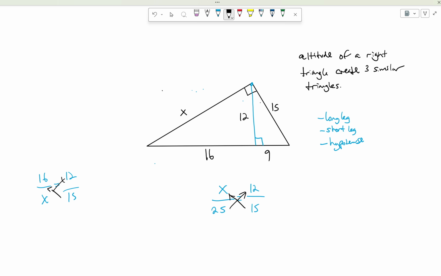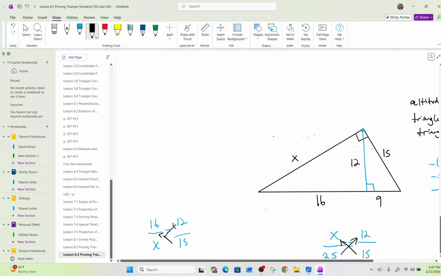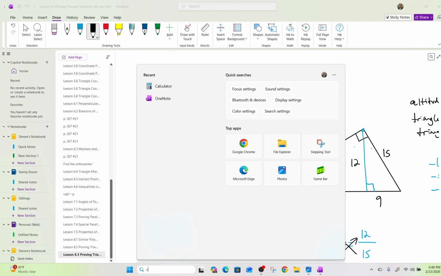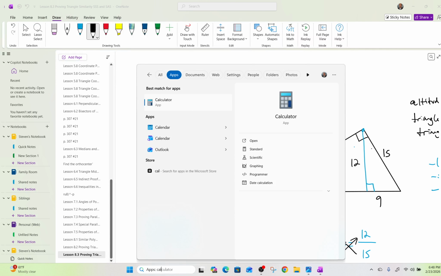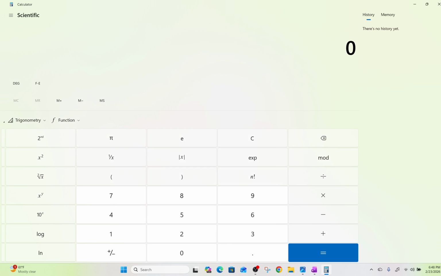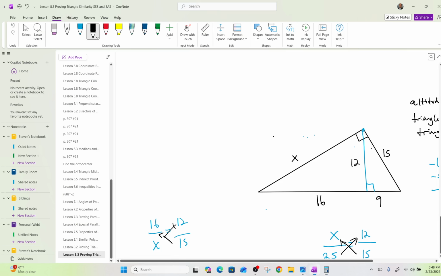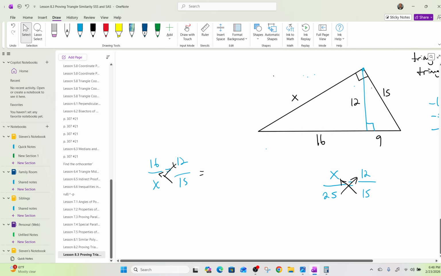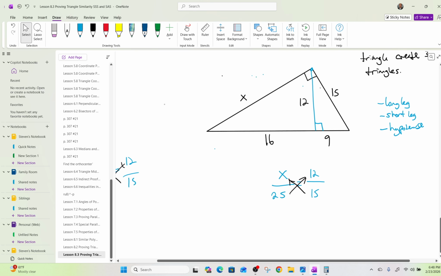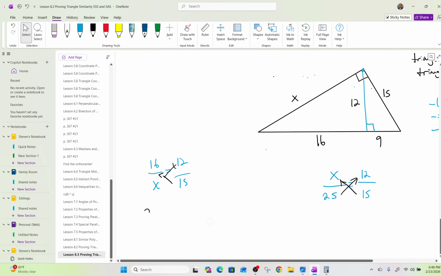15 times, let's do this one over here. 15 times 16. It's an easy problem, right? Because according to our calculator, 15 times 16 is 240, okay? So I have 240 is equal to 12x.